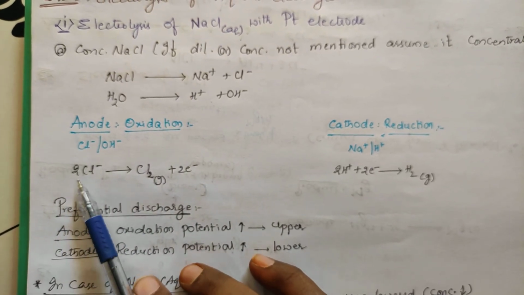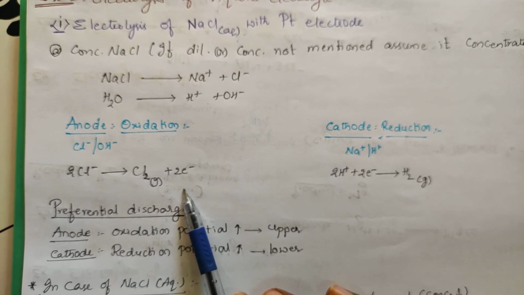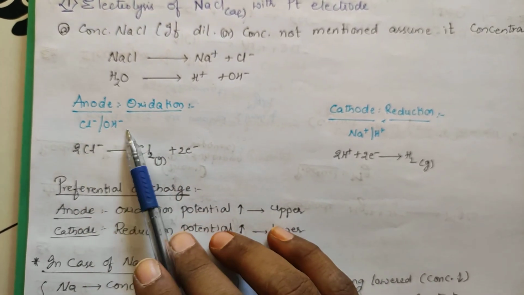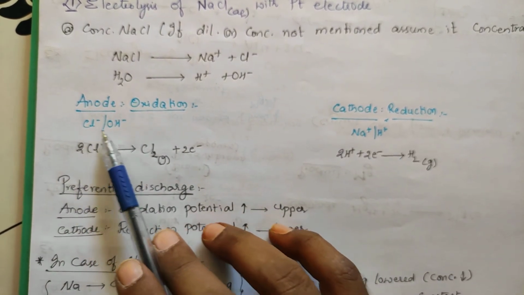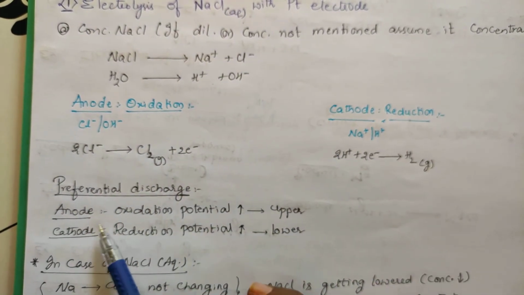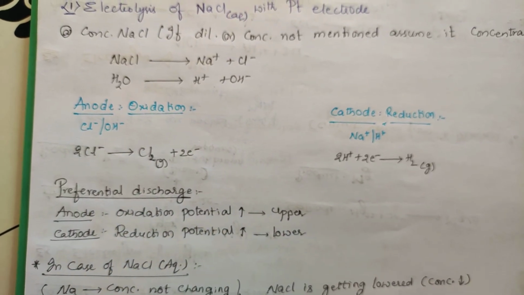So 2 Cl minus gets discharged as Cl2 plus 2 electrons. Among these two, this is called preferential discharge. Among these two anions, whichever has the higher oxidation potential will be discharged here.